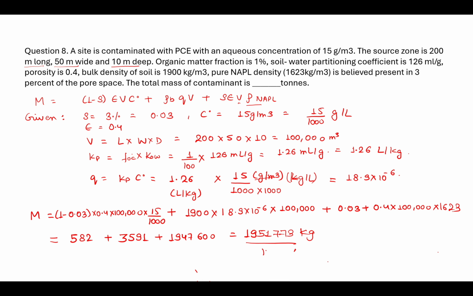We will divide it by 1000 to convert into tons. So it is 1951.773 tons. So this much is the total mass of the contaminant PCE that is present in this given volume of the soil.